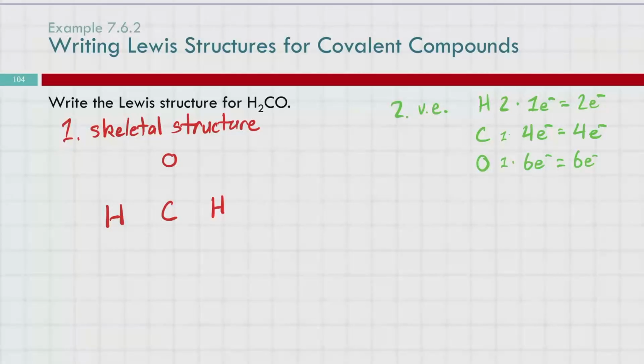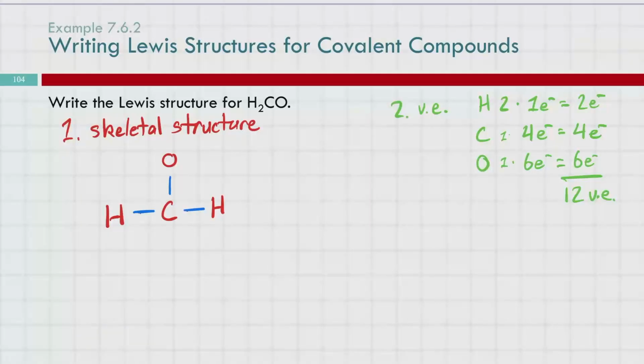So we've got a total of 2 plus 4 plus 6 is 12 valence electrons. Then we have to connect everything. In order for it to be a molecule, everything's got to be connected. So our hydrogens need to connect. They can connect to our carbon.